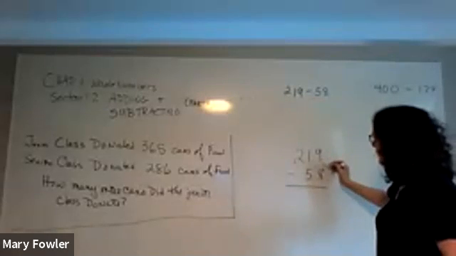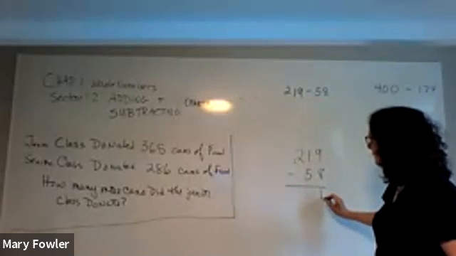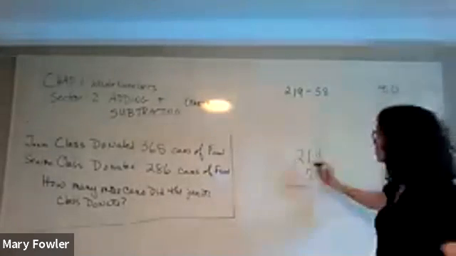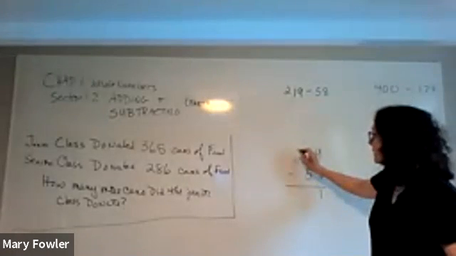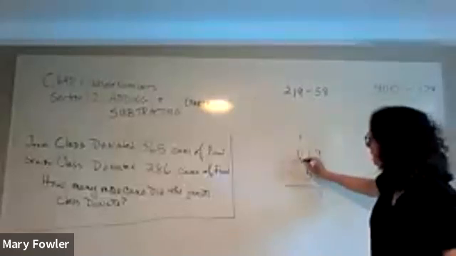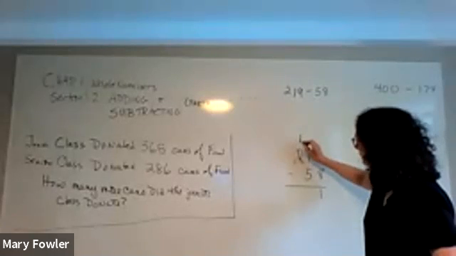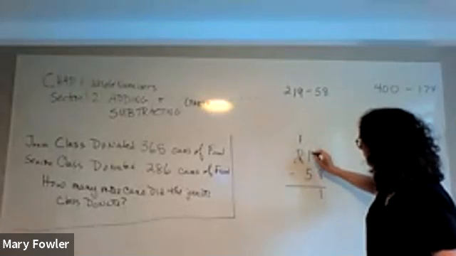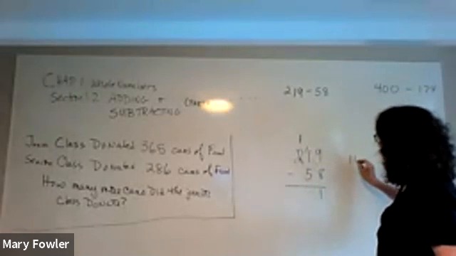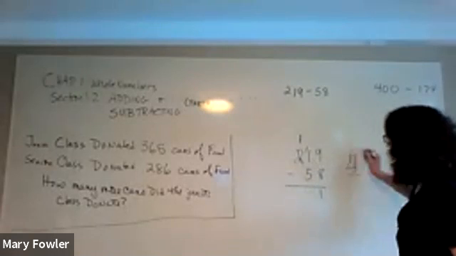So 9 minus 8 is 1. 5 minus 1, I'm going to have to borrow. So we're going to borrow 1 from the 2, and the 2 becomes a 1, and the 1 over here becomes an 11. So my problem is 11 minus 5.